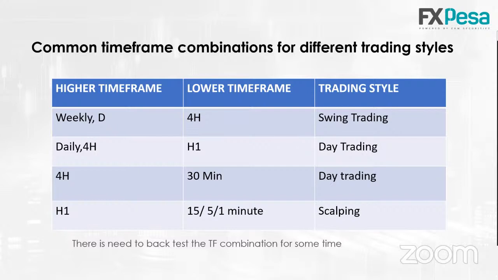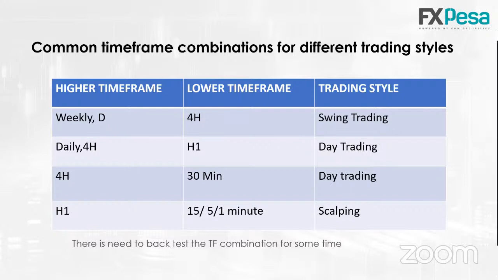This is not really a top-down analysis, but it's more of considering multiple time frames. It can be higher or lower, but the entry should be lower. And the lower time frame is always a refinement of the higher time frame levels. I don't know whether that one makes sense.